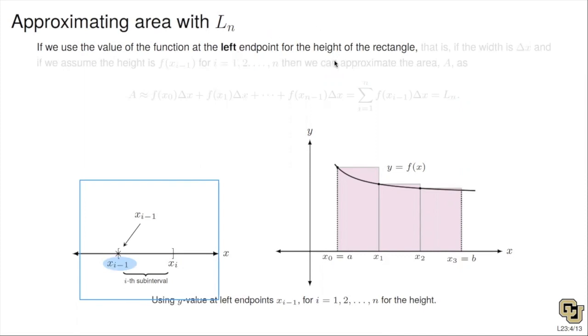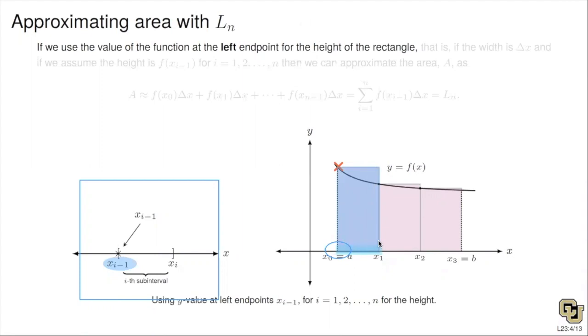So exactly what does that look like? If we go to this first generic ith subinterval right here, here's my first subinterval. Now I'm going to choose the left endpoint, the y value at the left endpoint for my height. And so now I can formulate my rectangle and now do width times height to calculate the area.